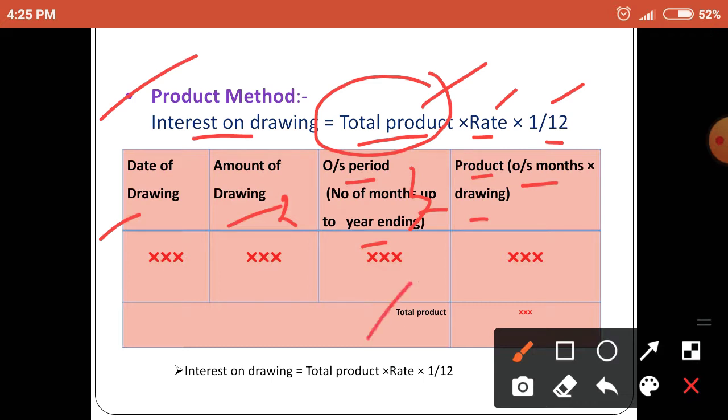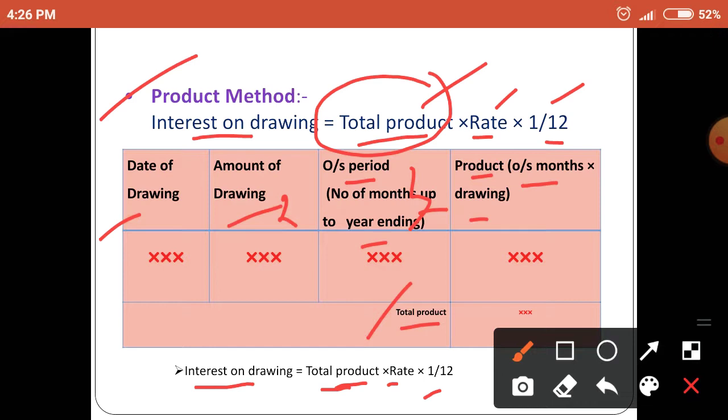You multiply the second column into the third column and you will get the product. Lastly you have to total the products, that is the sum of the products, and substitute this total product value in the formula. And what is the formula? Interest on drawing is equal to total product into rate of interest into 1/12. This is the standard format for calculating interest on drawing under the product method.